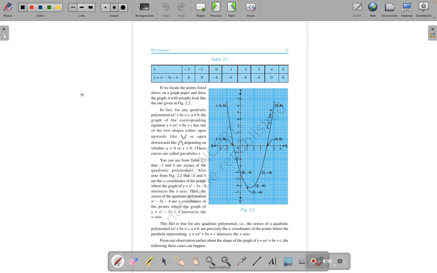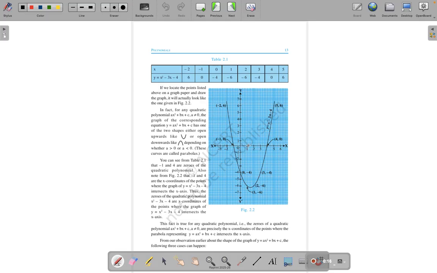So that was for a linear equation. For quadratic, it will be a U-shaped curve. Why? Because for every point it has two values. For two values of x, y has the same value.